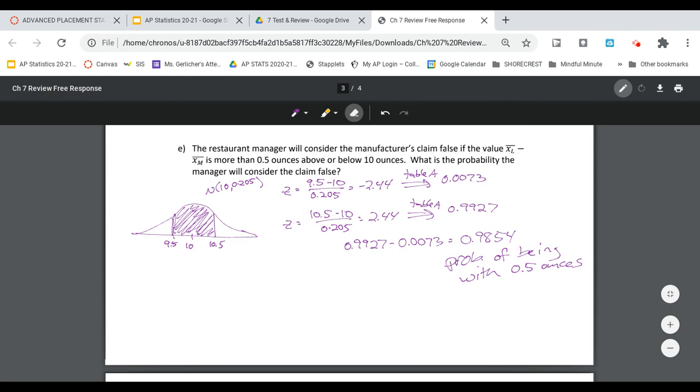So I'm not going to circle that because that's not my final answer. I'm going to go 1 minus 0.9854 to get the difference on the outside. And oh shoot, I don't have my calculator or my phone. So I'll go plug it in before my final thing. Okay, so then this answer, whatever that is, your final probability, is about 1.2%.